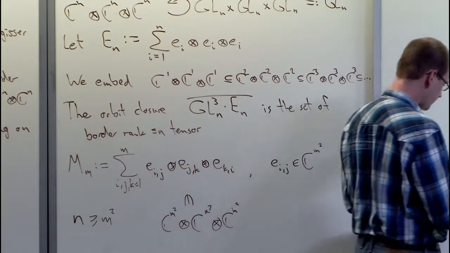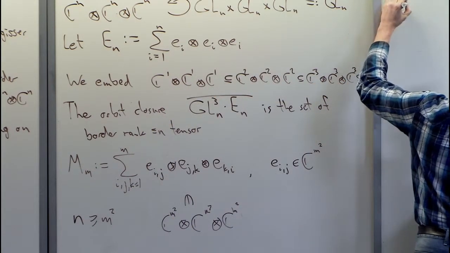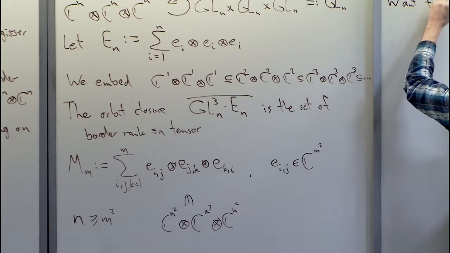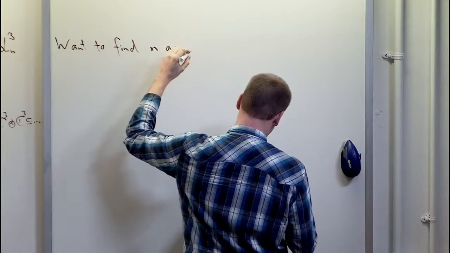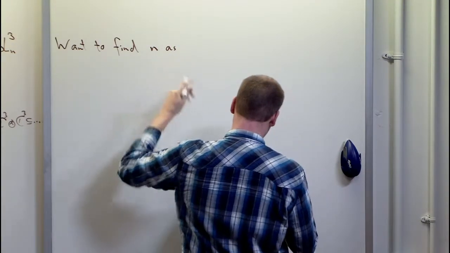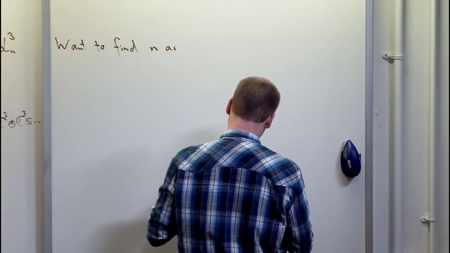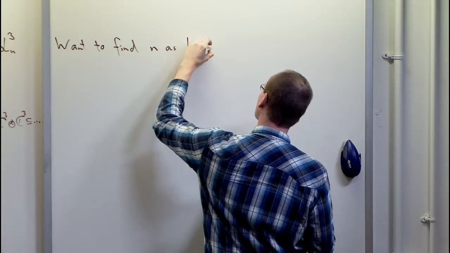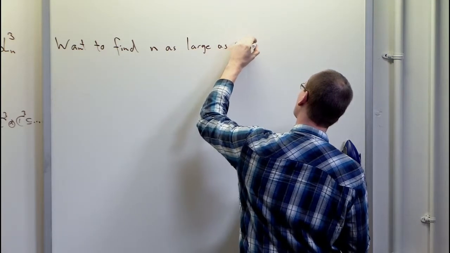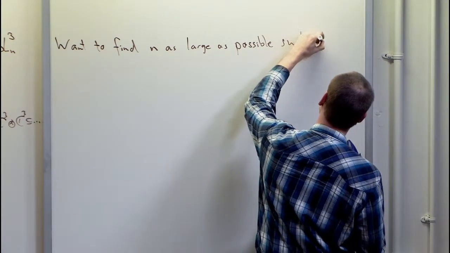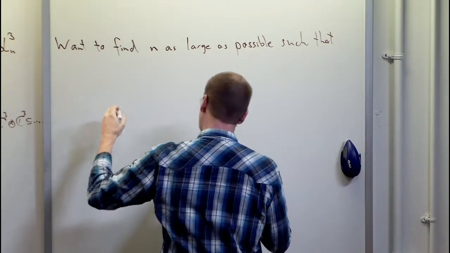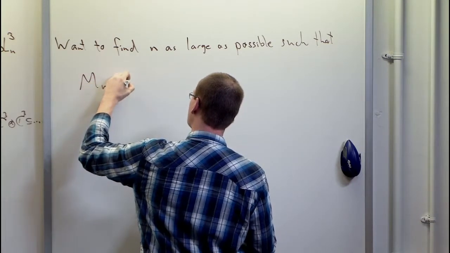So we want to find n as large as possible such that the matrix multiplication tensor is not in this orbit closure.